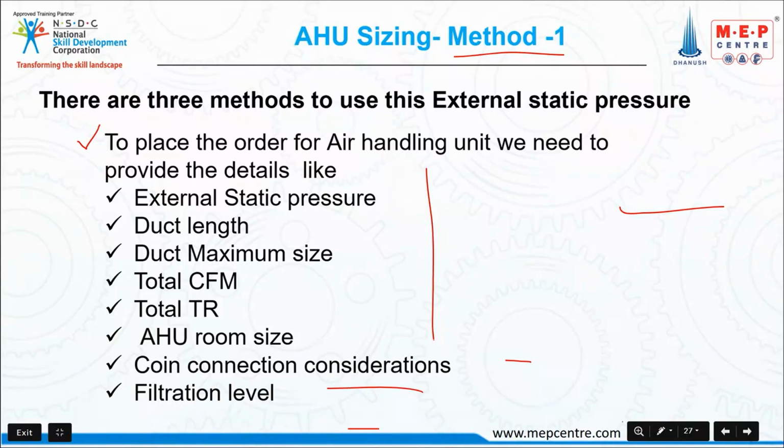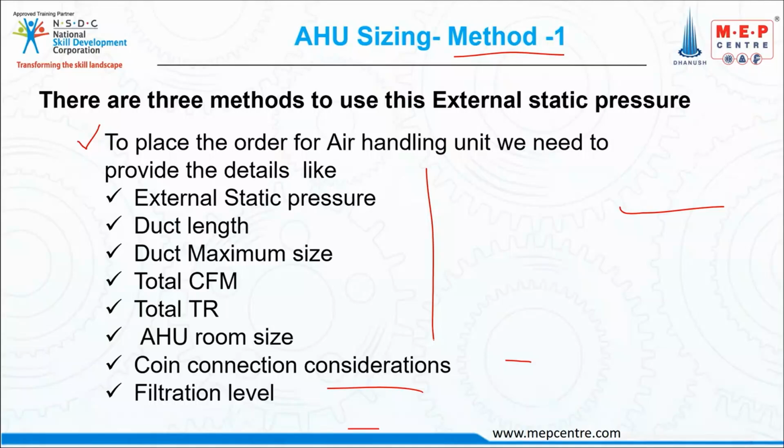To place an order for AHUs we need to provide the following data: external static pressure, duct length, duct maximum size, total CFM, total TR, AHU room size, coil connection details.